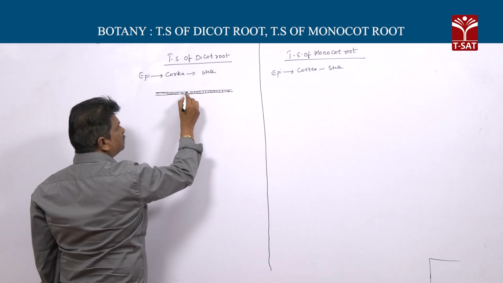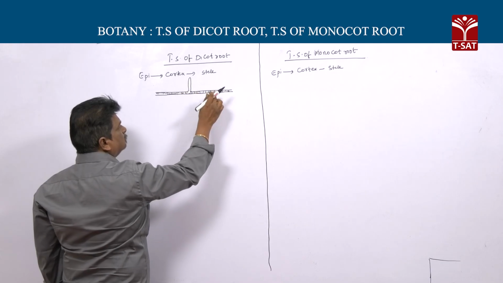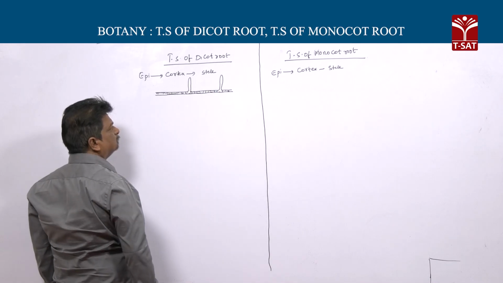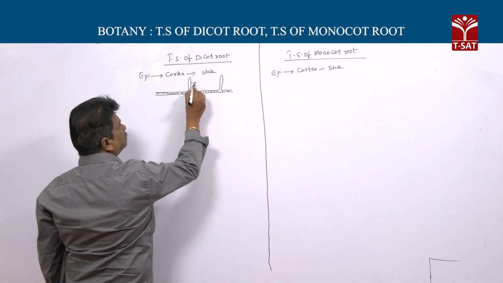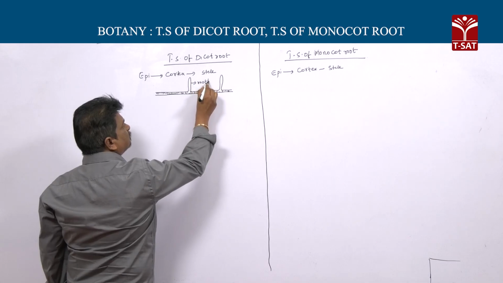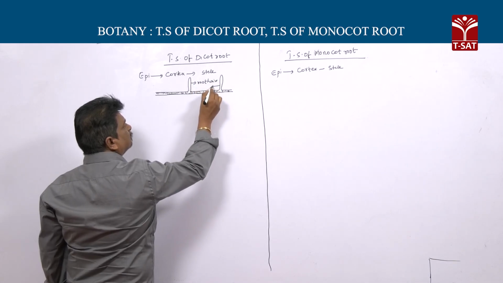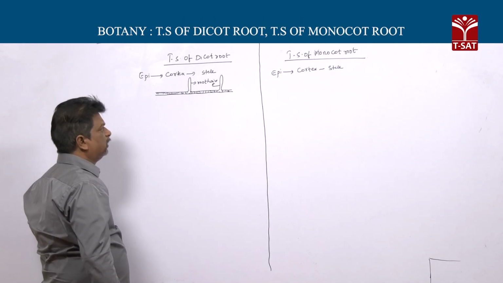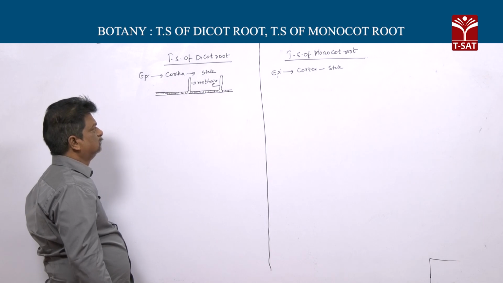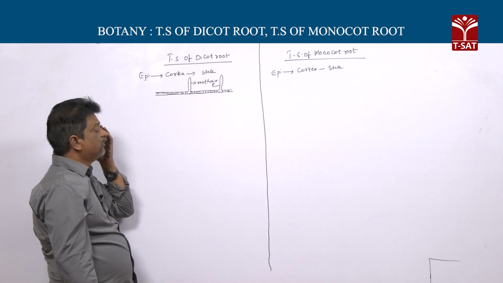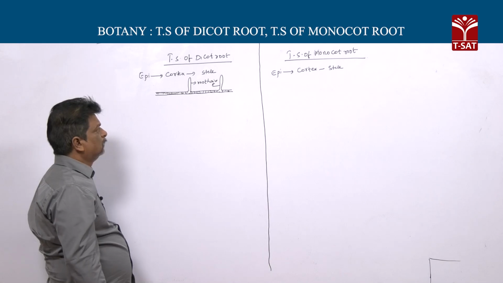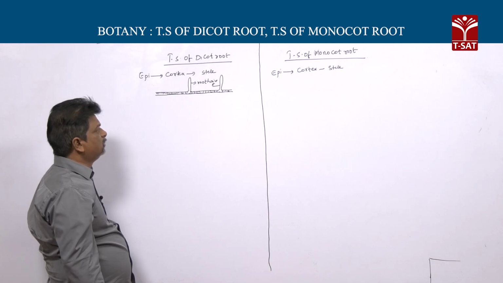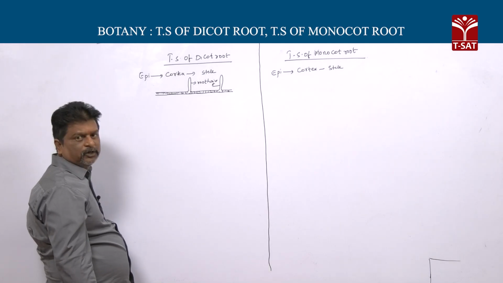Some of the epidermal cells are smaller. The smaller cells, their cell walls get extended. Such extensions of that epidermis are called root hairs. Cells developing root hairs are called trichoblast.